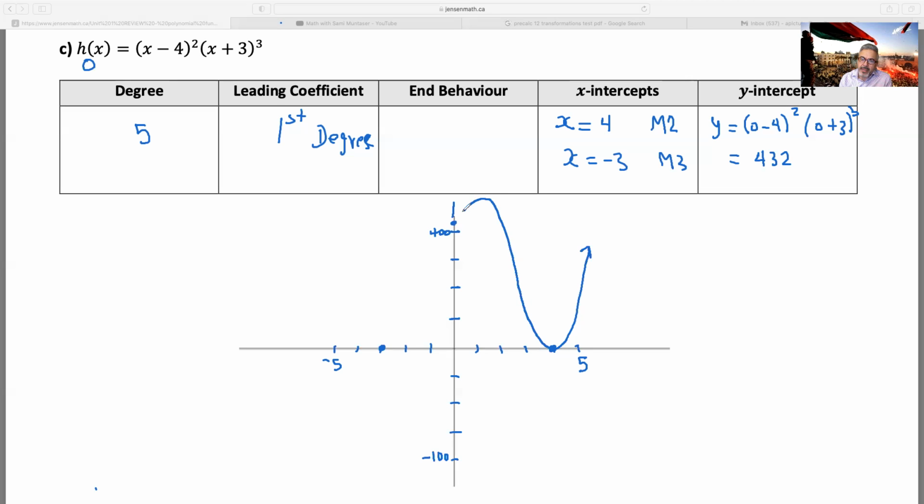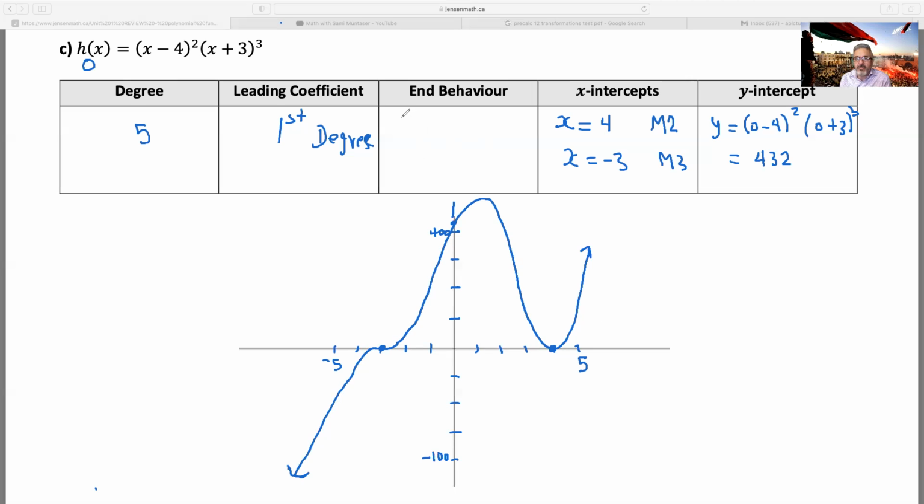And then we come back and we should go to our y-intercept. And then when you come to this 0 right here, it's a multiplicity of 3. Multiplicity of 3 means you go through the 0 for a little bit and then you continue going down. You don't bounce. So that's the degree of 3. And that's how this graph should look.